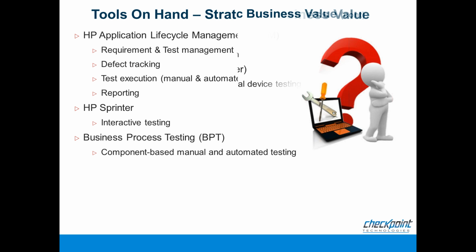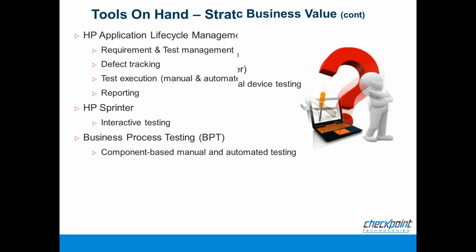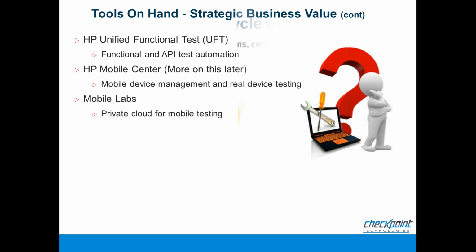And we'll look in just a minute at how there's actually a Sprinter version developed specifically for Mobile Center. That tool, Sprinter, allows for what's called interactive testing, so it enhances the manual testing effort. And then there's business process testing, or BPT, which is simply a component-based approach to testing, and it supports both manual and automated testing via UFT.